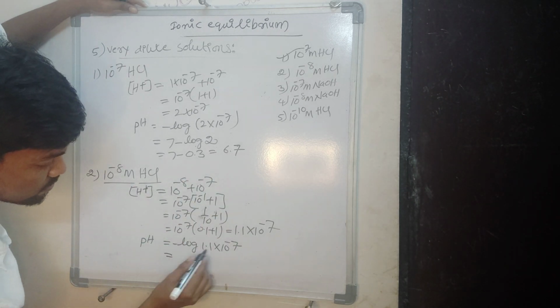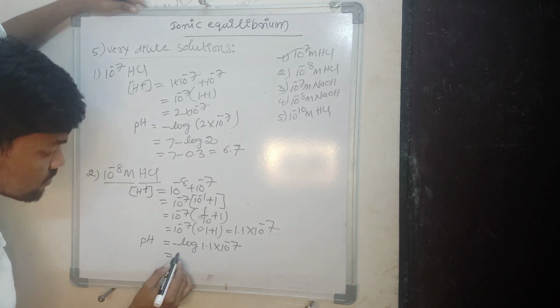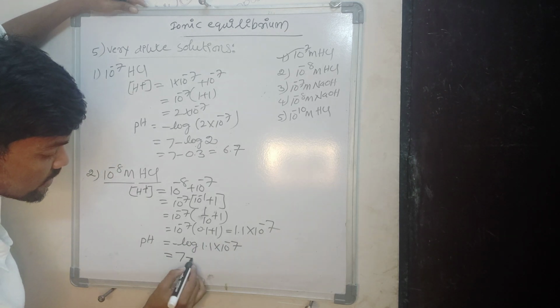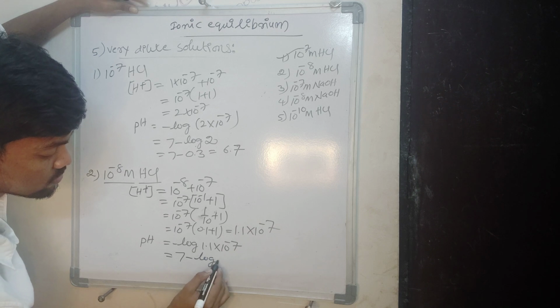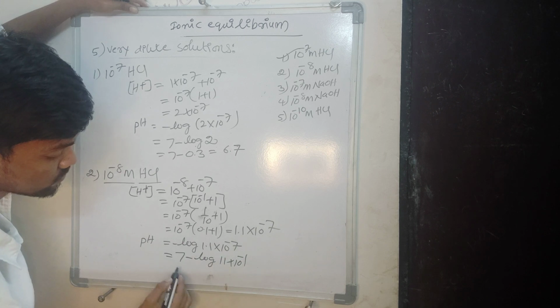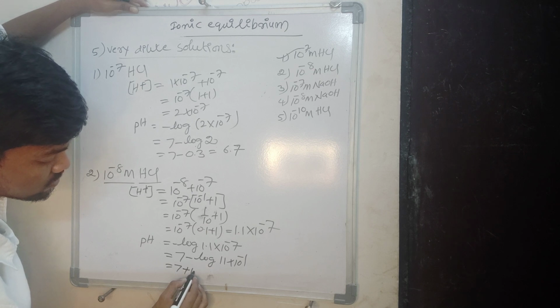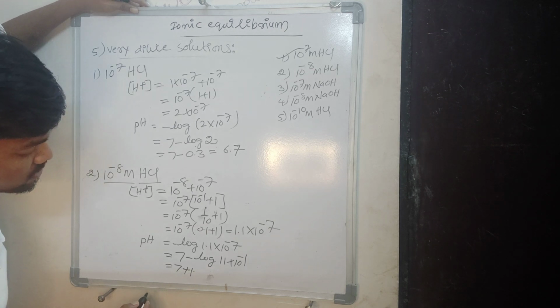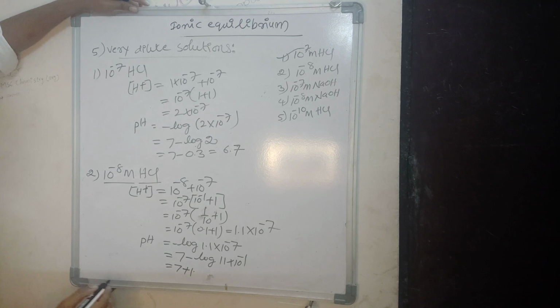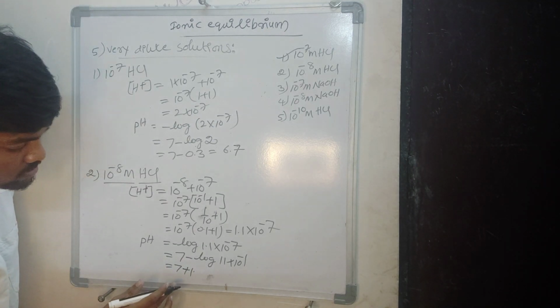So what happens? 7 minus log of 11 into 10 power minus 1. Finally which one you will get? Plus 1? Sorry, is it plus 1?